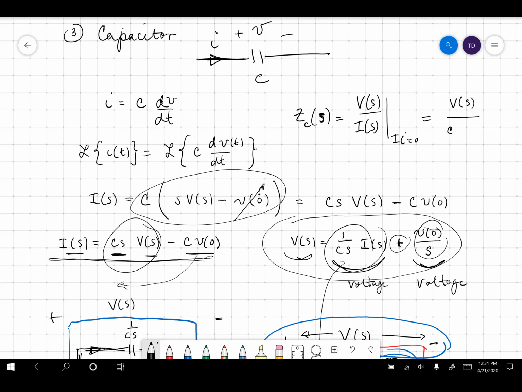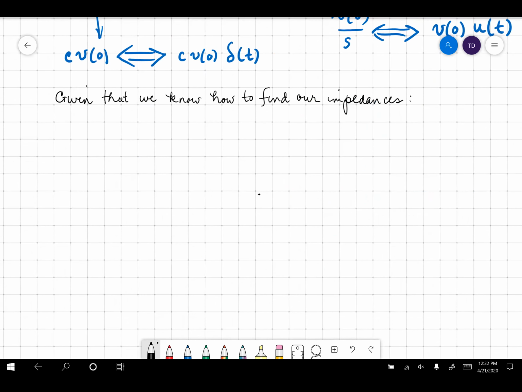It's just going to be CS V of S, cancel, cancel, Z C of S equals 1 over CS. S equals j omega, so 1 over j omega C. It's the same thing. So we have all three impedances.